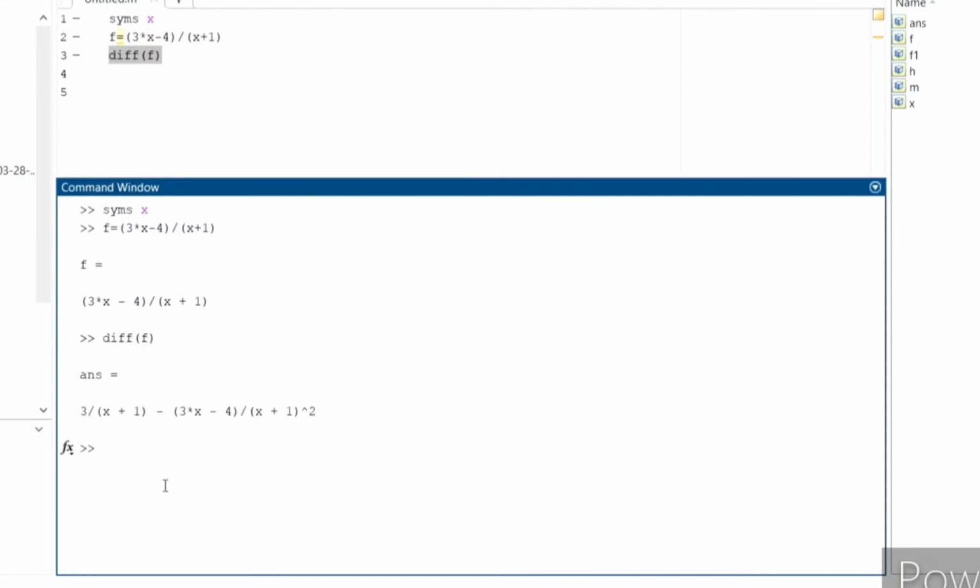So to make it easier to read, type pretty answer. So the answer is 3 divided by x plus 1 minus 3x minus 4 divided by x plus 1 to the power of 2.